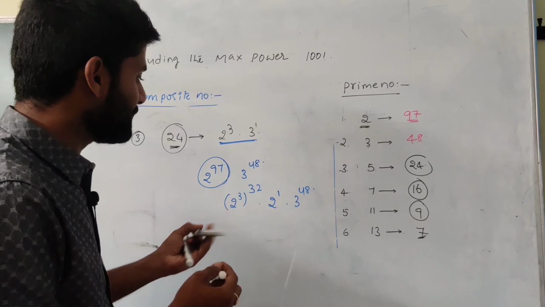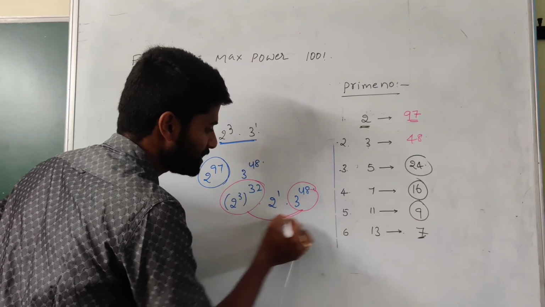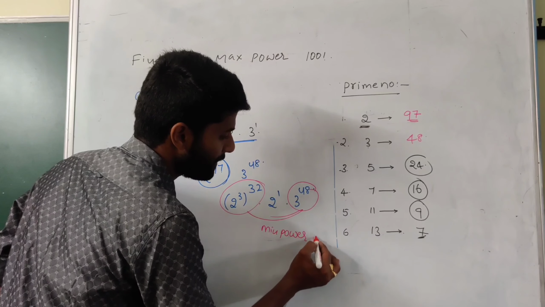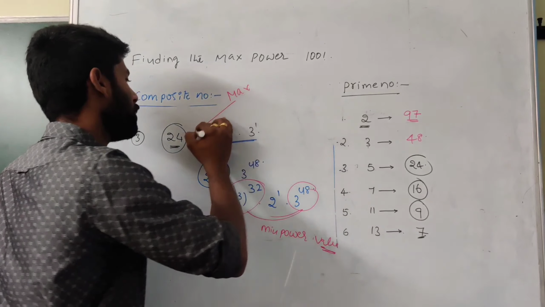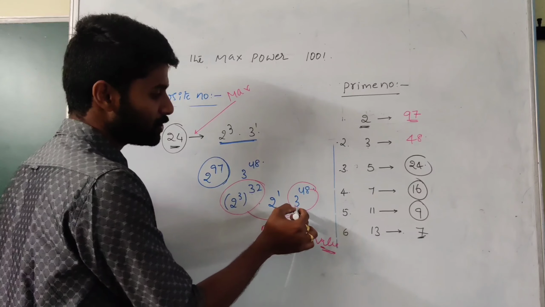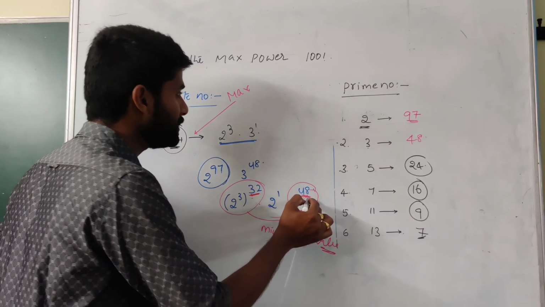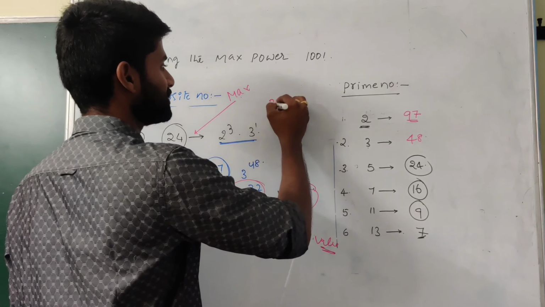I will clearly mention that if you take 2 cube and 3 together, out of these two, the minimum power value is the maximum power value of 24. So don't go with the next calculation. So 2 cube whole power 32, 3 power 48. Out of 32 and 48, whatever the minimum value is, that is the maximum power value for 24. So your answer is related to 32.